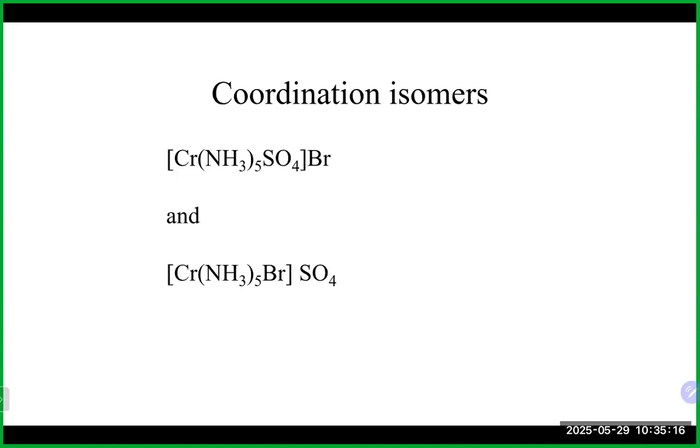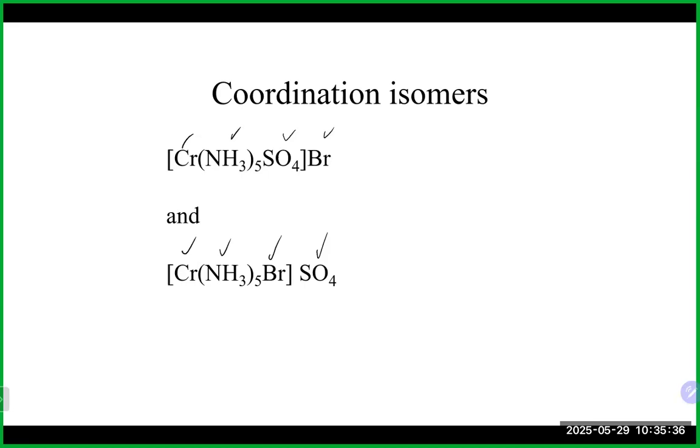First off, a coordination isomer is one such as this. If you look at both of these formulas, they have the exact same thing. So we have 1 chromium, 5 NH3s, 1 sulfate, 1 bromine. They have basically the same things in them.